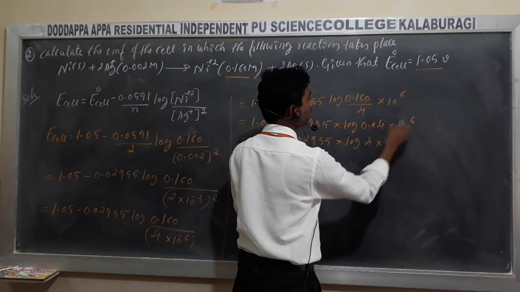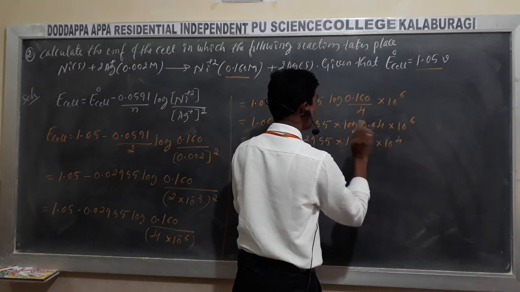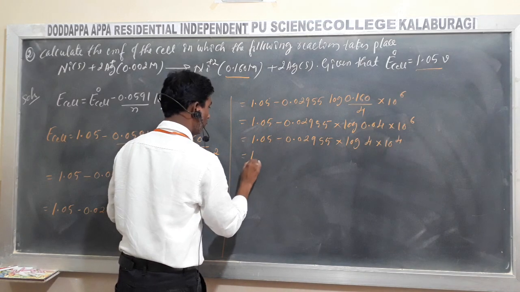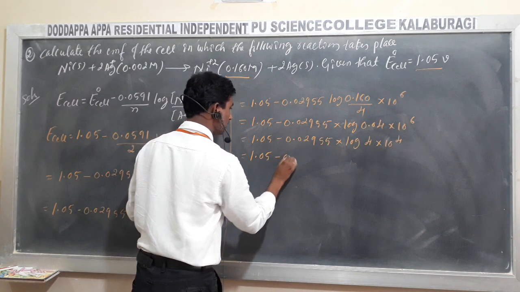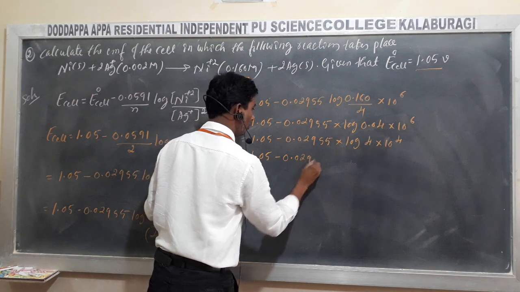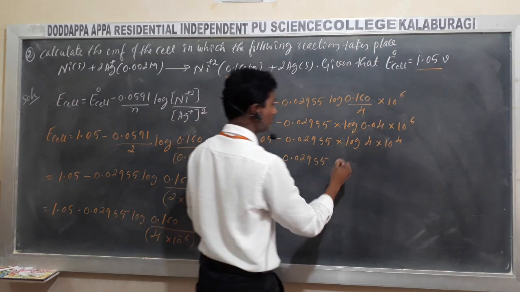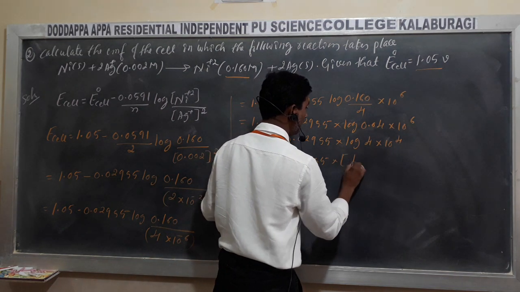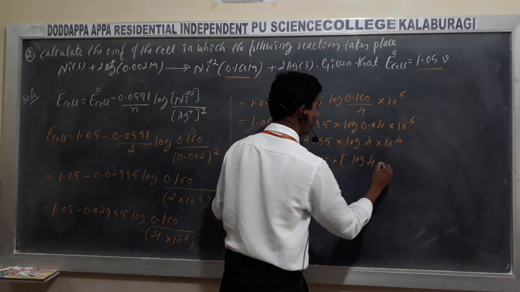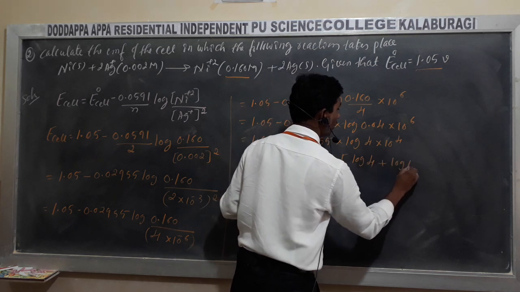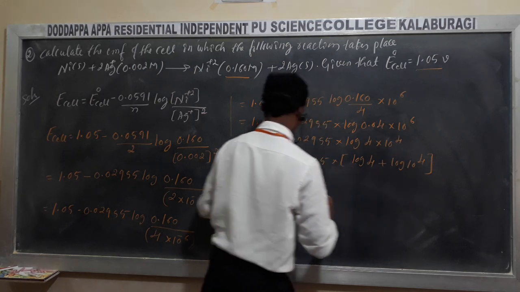Minus 1, minus 2, plus 6 gives 10 to the power of 4. Now 1.05 minus 0.02955. So now log of A into B is log A plus log B: log 4 plus log of 10 to the power of 4.